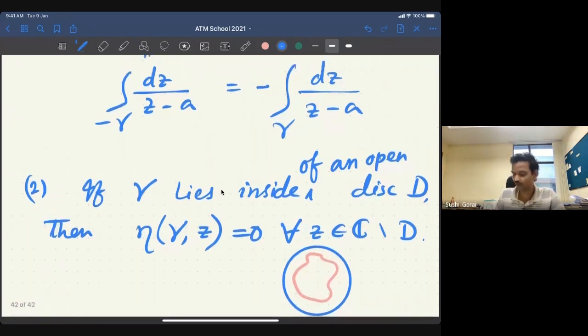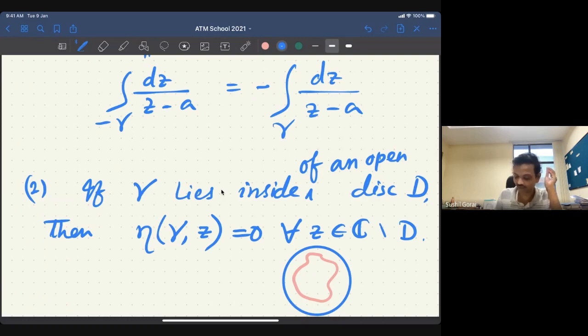How do you consider these things? You need to look at the complement, and this complement will be containing infinity. There will be only one component. Gamma will be closed and bounded.